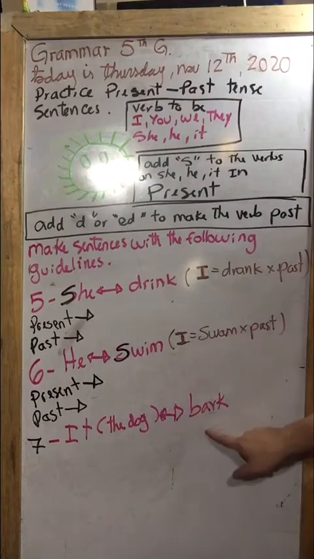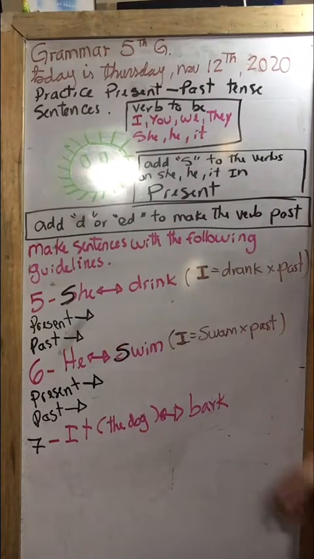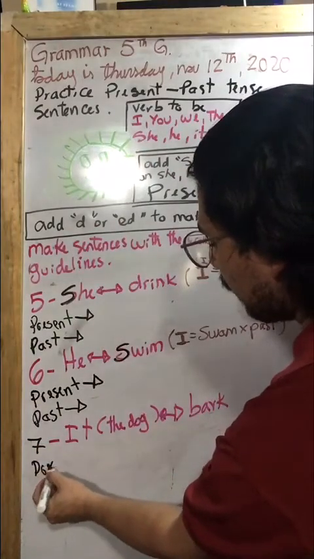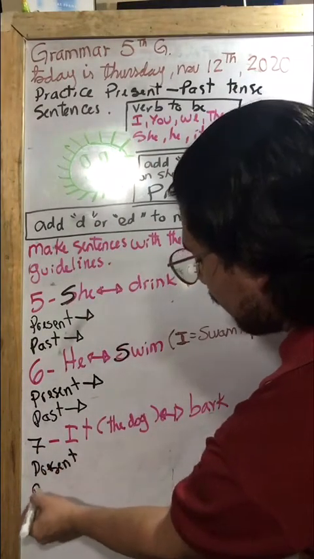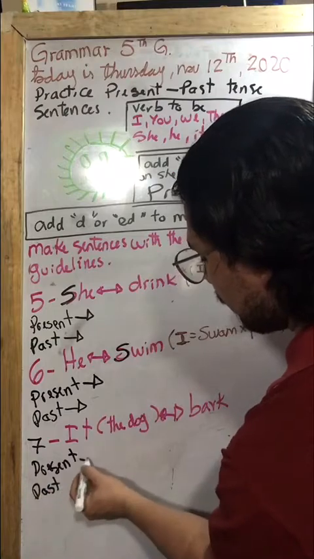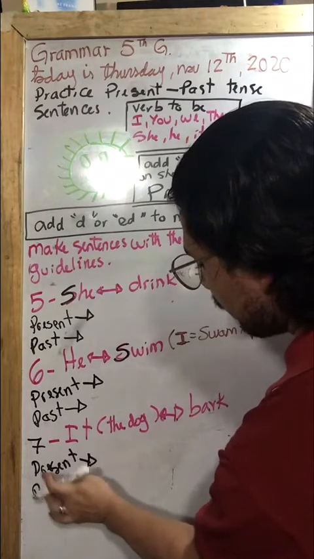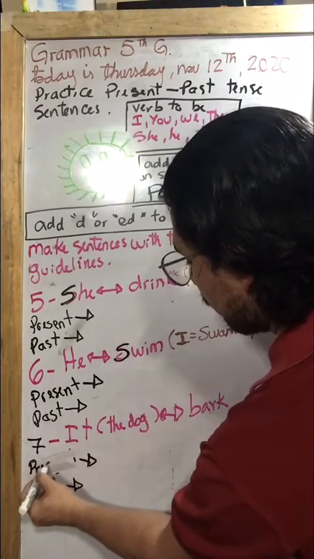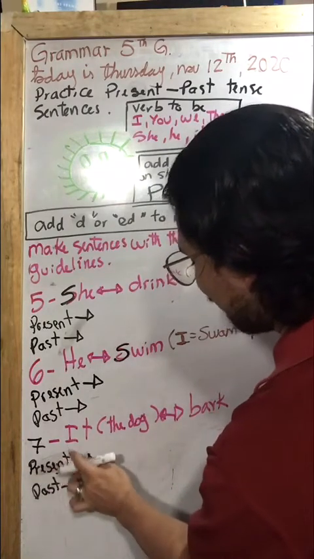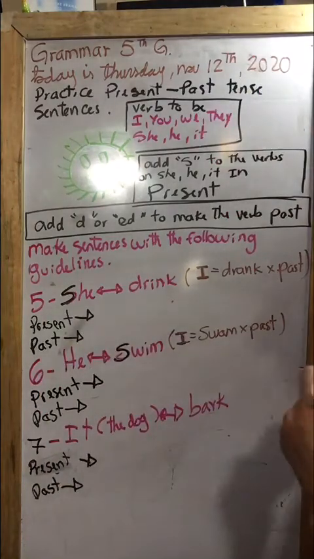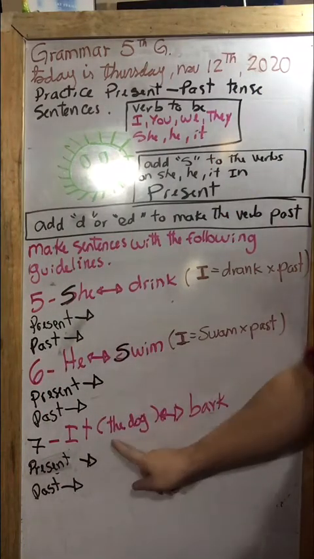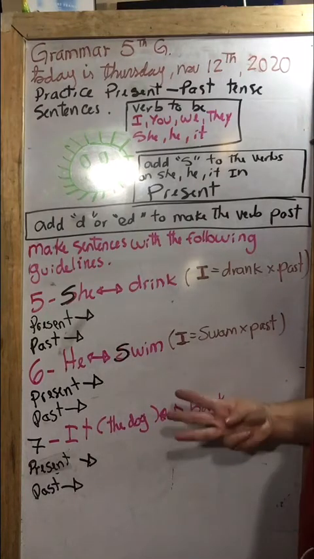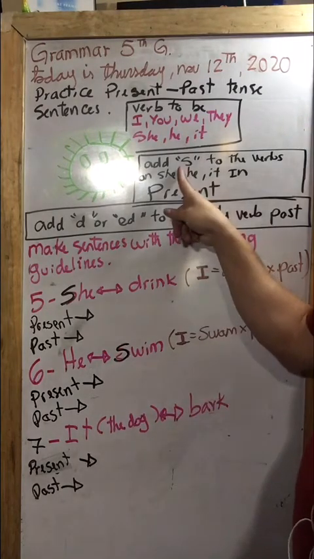So what we are going to do is write my sentences in present and in past. Sorry again. It's really difficult to write on the side. I try my best. So what are you gonna write? The dog bark. But as much as it's third person, we have to add s to the verb.